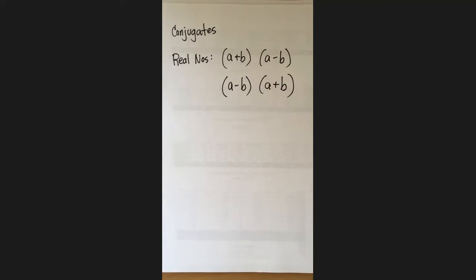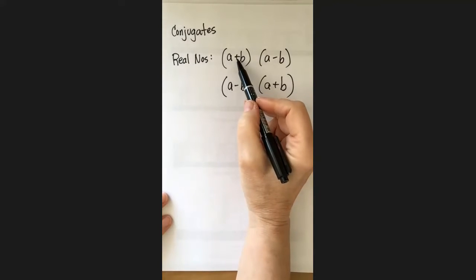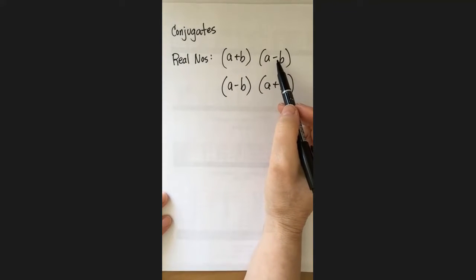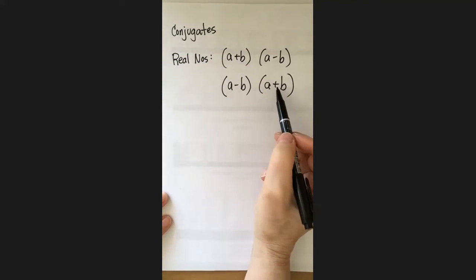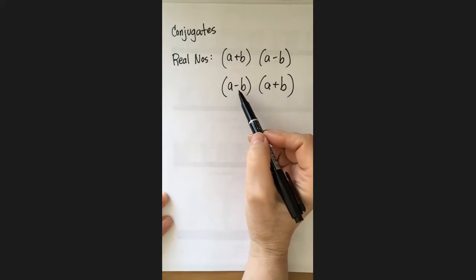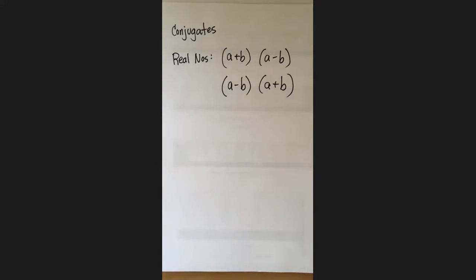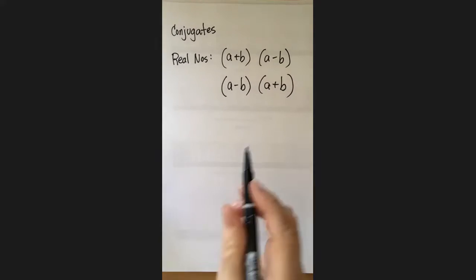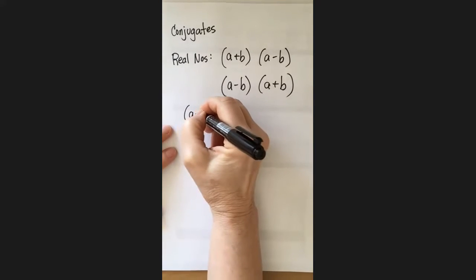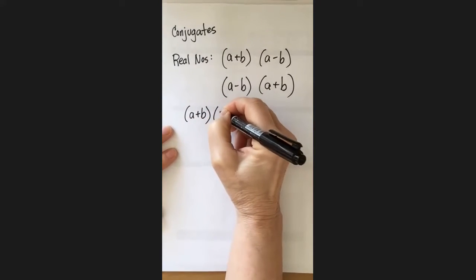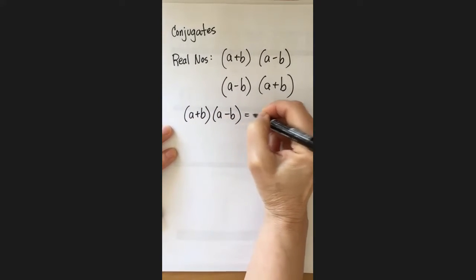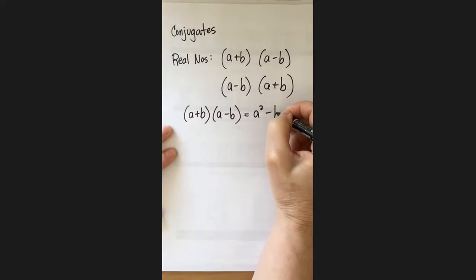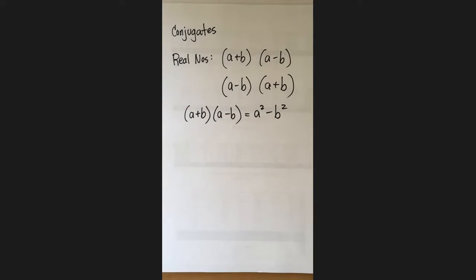They are conjugates because one pair is a sum and the other pair is a difference. The cool thing about real conjugates is that when you multiply them together, as we already know, we get the difference of two squares.